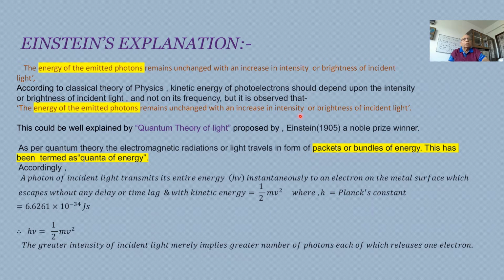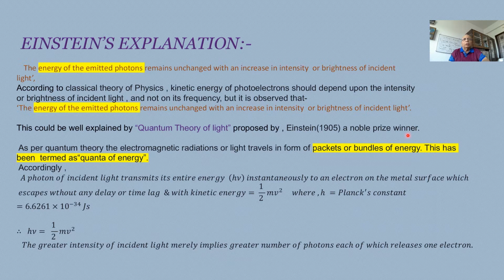Why this remains unchanged was well explained by what is known as quantum theory of light, given by Einstein in 1905. Einstein, of course, is known to us as a Nobel Prize winner.